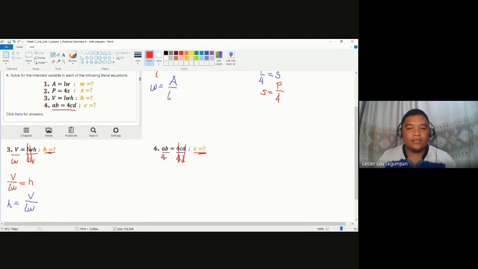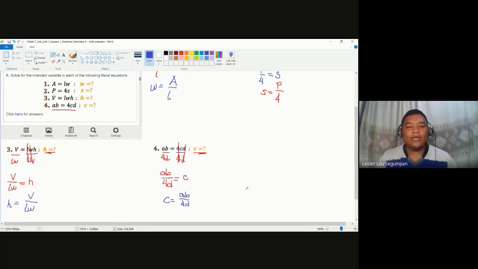Apply it on the other side as well. So you have AB over 4D is equal to C. Again, this is already acceptable, but to make it more formal, let's apply the symmetric property, interchanging both sides without changing the signs nor the values of the expression. So you have C is equal to AB over 4D.